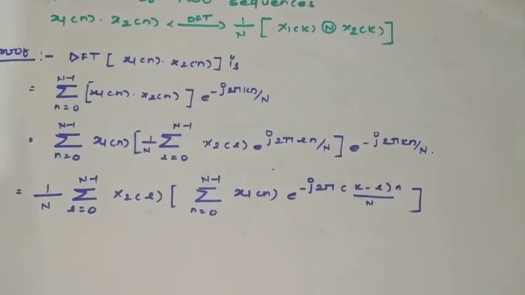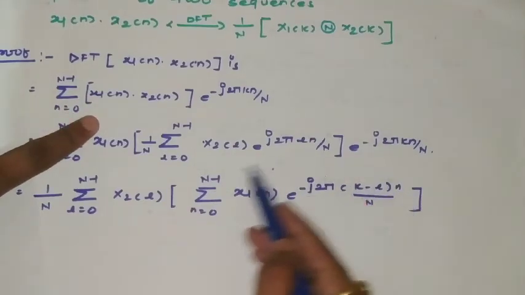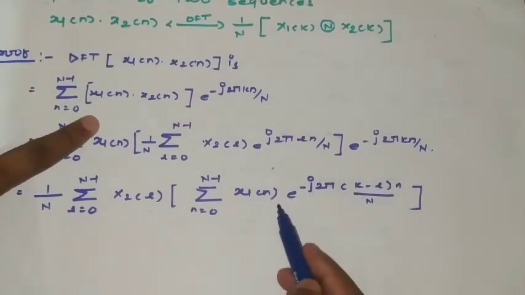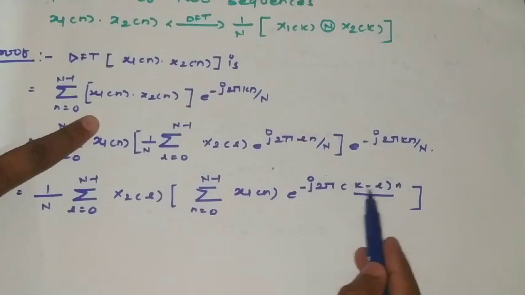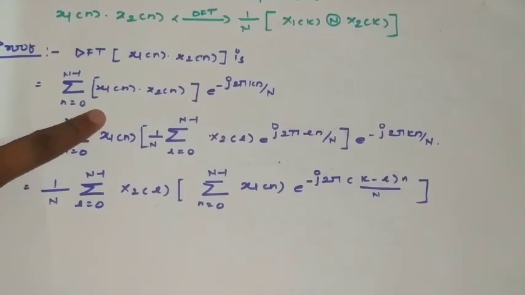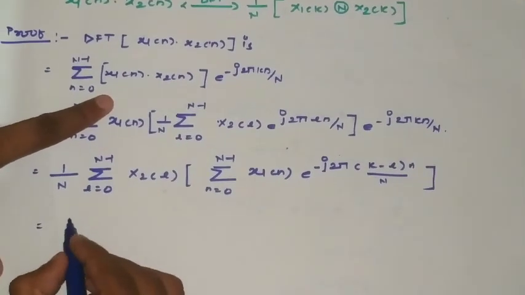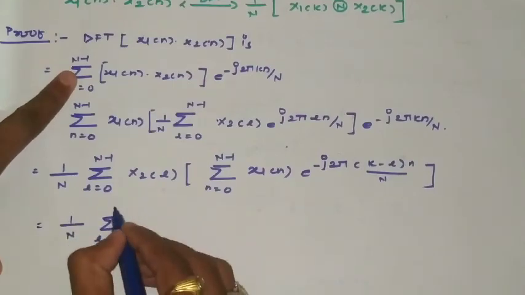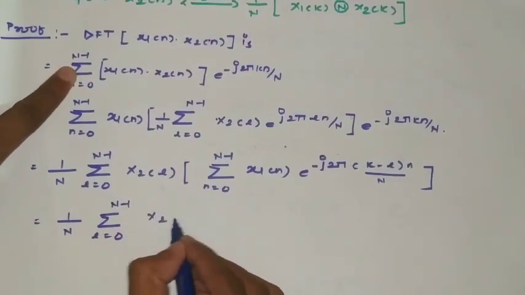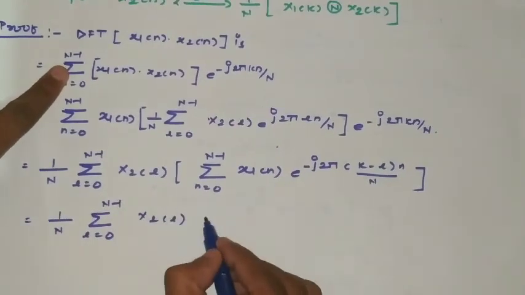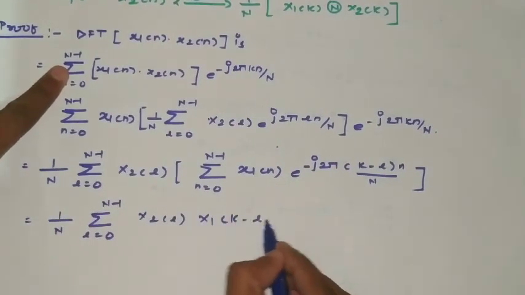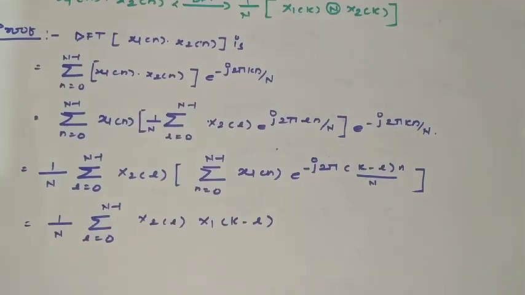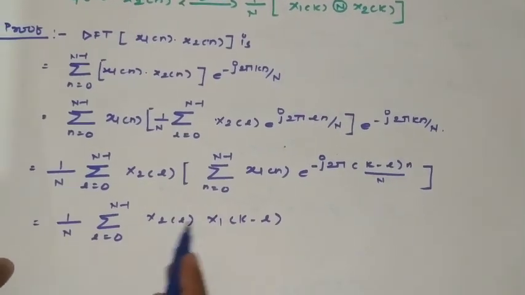Now when we observe this entire equation, this is nothing but the Fourier transform at k minus L. That's why I can simply write this term now as 1 upon N, summation L from 0 to n minus 1, this is x2 of L, and this will be the Fourier transform of k minus L. Now if you see this particular term, it is as good as convolution.